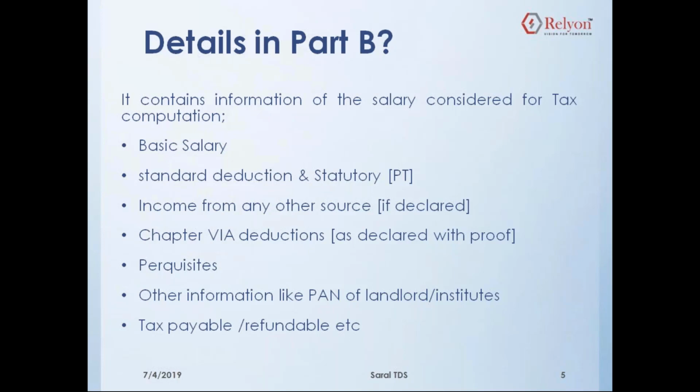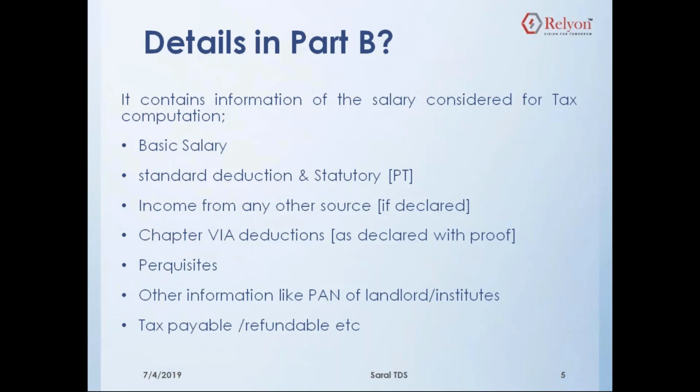Like we were speaking a few minutes earlier, part B, other than salary, contains other information as well. What is that other information? It is income from any other sources. And mind you, income from other sources is basically information that the employee has declared to the employer. It can be income like commission.